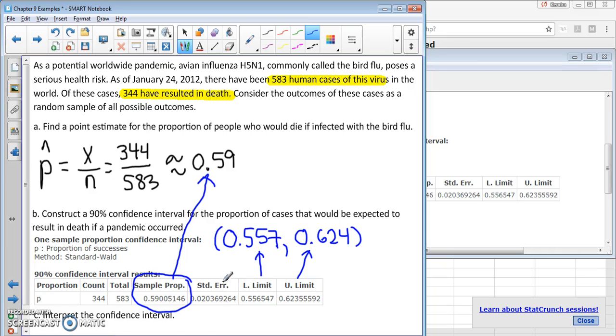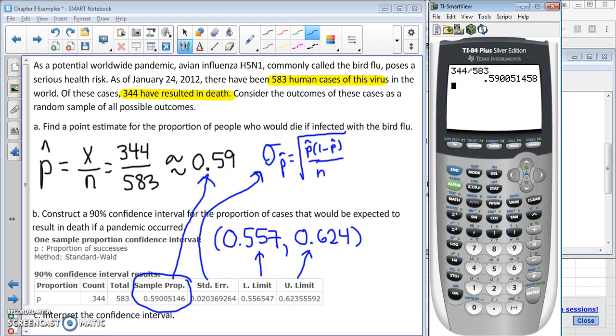Right. And then if we look at the standard error, I'm just going to kind of draw this up here. We look at sigma sub p hat. We recall that this is the square root of p times 1 minus p over n, but we don't know p, we just know p hat.